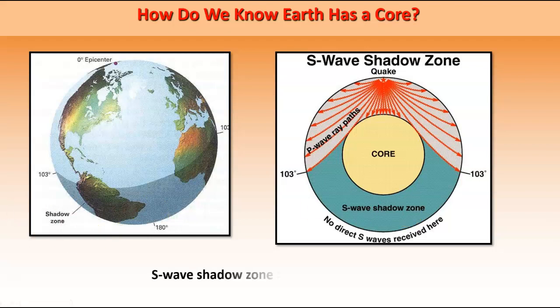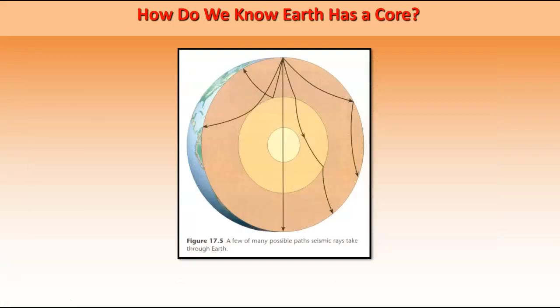Now, the other thing that we talk about is that the core is also two parts. It is made of the same material, but we have a liquid outer core and a solid inner core. So how do we know that it's a solid inner core? Well, one of the ways is a P wave that travels straight through the planet and is recorded on the opposite side of the planet.